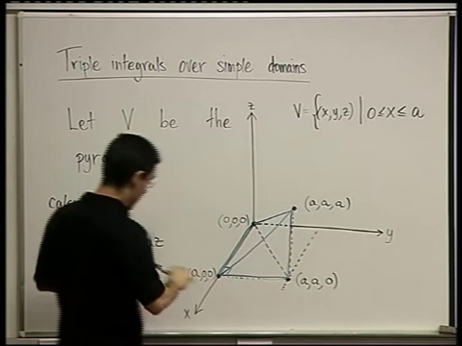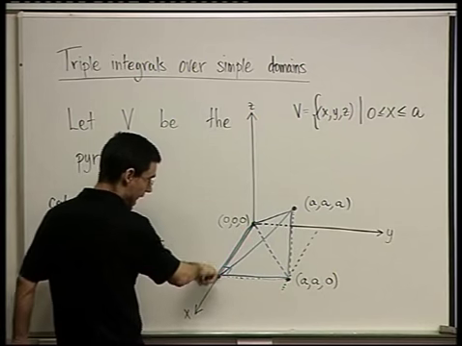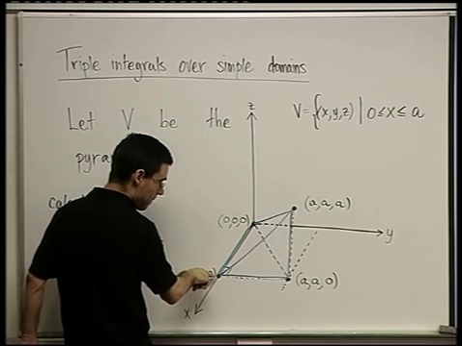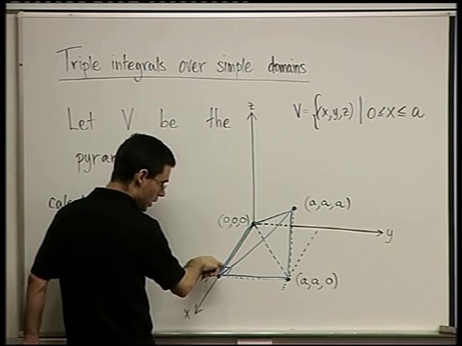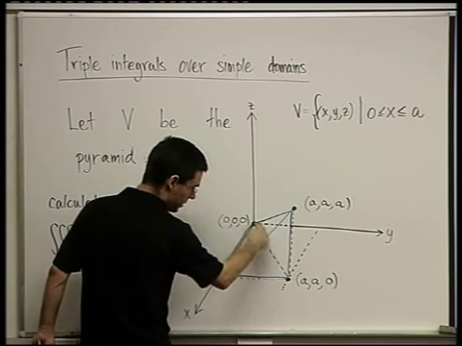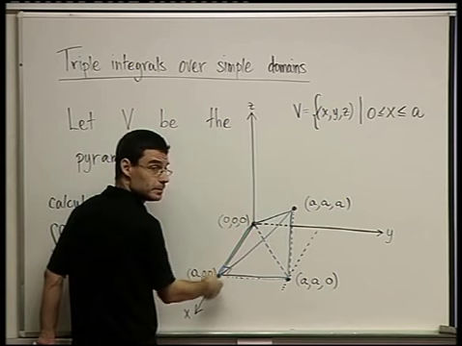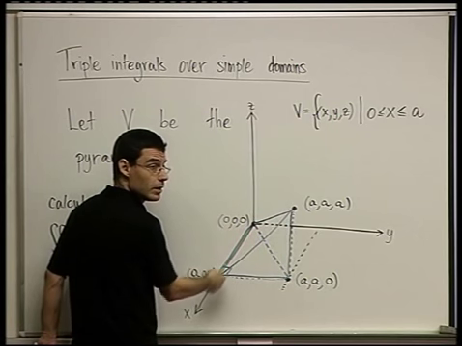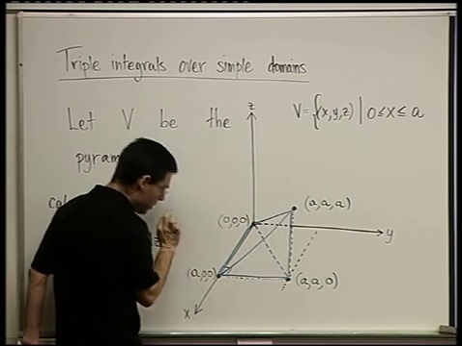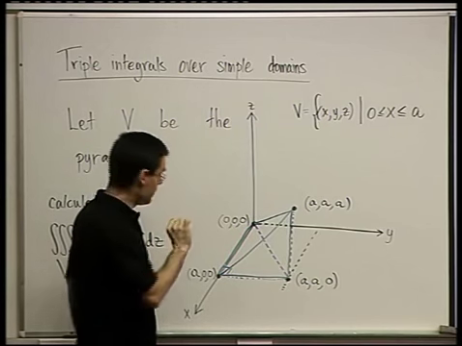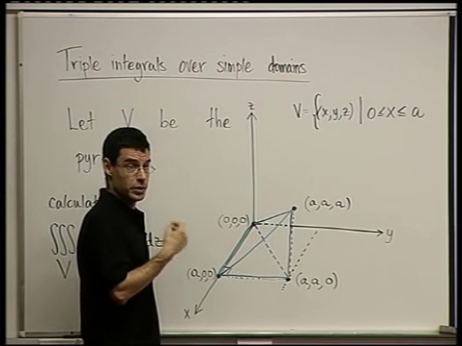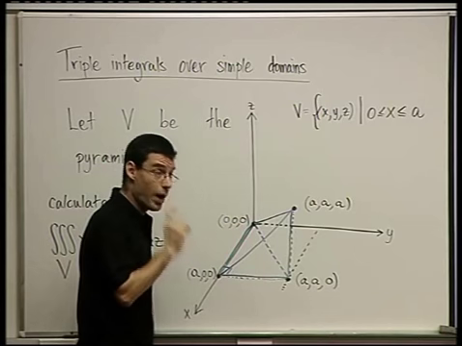Now what about y? For every fixed x between 0 and a, the y's range from here all the way to this dotted line, right? So what is this line? Well, 0 is correct, but it's not detailed enough in order to understand what we mean. Right, y equals 0.